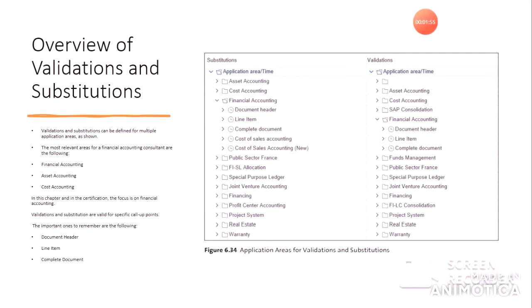So, overview of validations and substitutions. If we see in the screenshot, these are the application areas where we use validation and substitutions. So validations, if we see here, mainly we use validations in financial accounting, asset accounting and cost accounting.